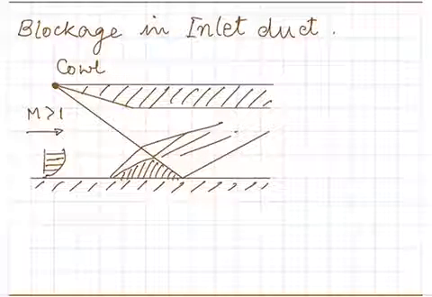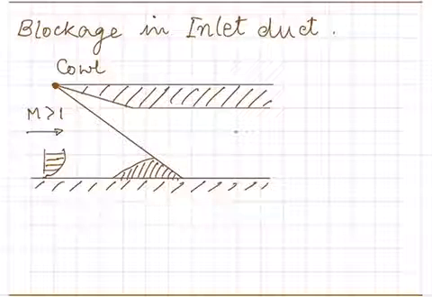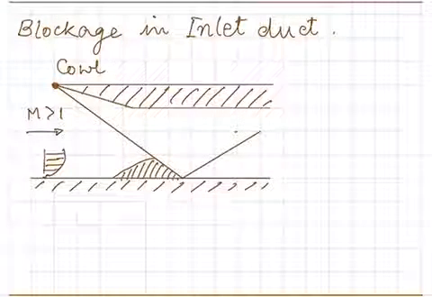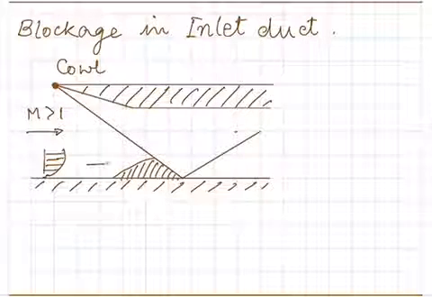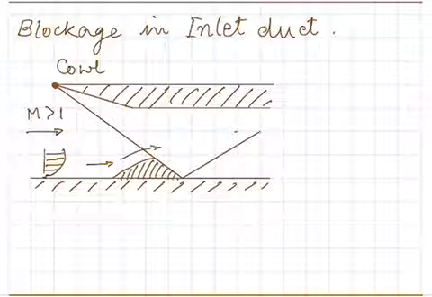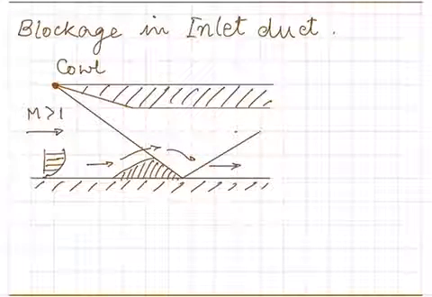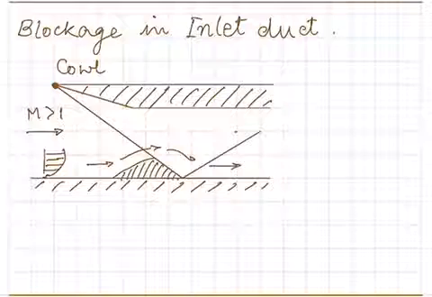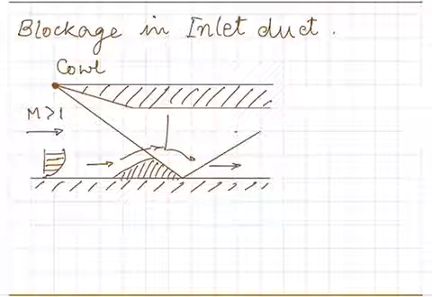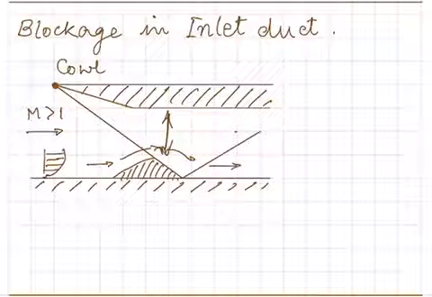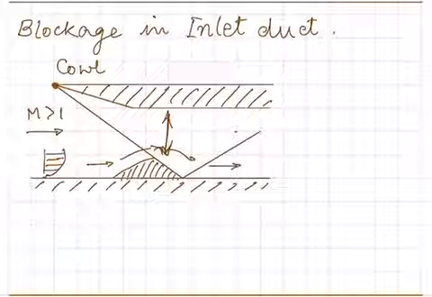But even if I leave those details out for now, the most important thing to note here is that the flow has to go around this blockage, around the separation bubble. So in effect, we have a smaller region of the duct that is now open to the flow that has to go into the engine.